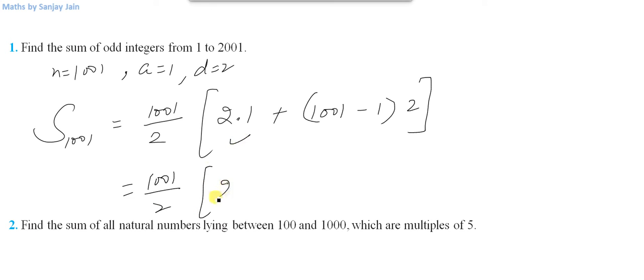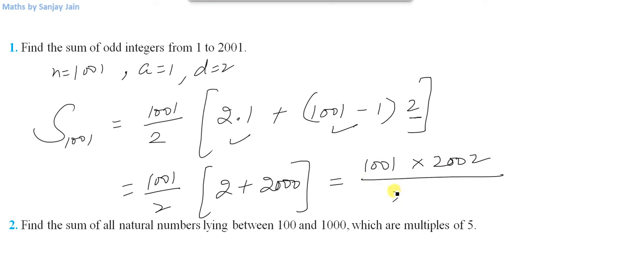This is 2, this is 1002. 1000 multiplied with 2 will give you 2000 here, and 1001 into 2002 by 2. So this is again 1001. So 1001 squared, or 1001 into 1001.